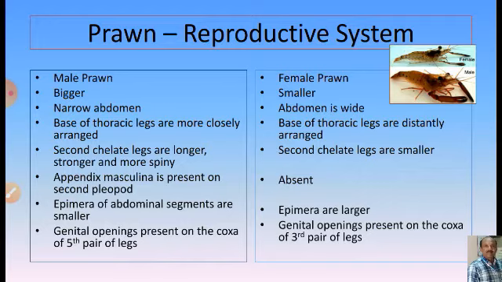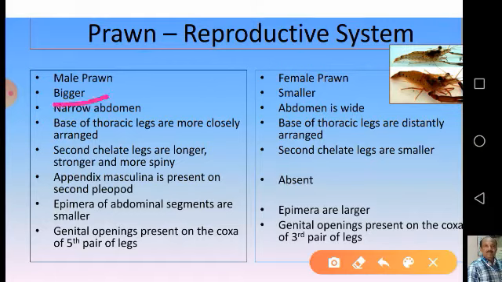First and foremost, generally the male is bigger in size than the female of the same age. You can see in the figure, this is the male one and this is the female one. The female is generally smaller than the male of the same age.